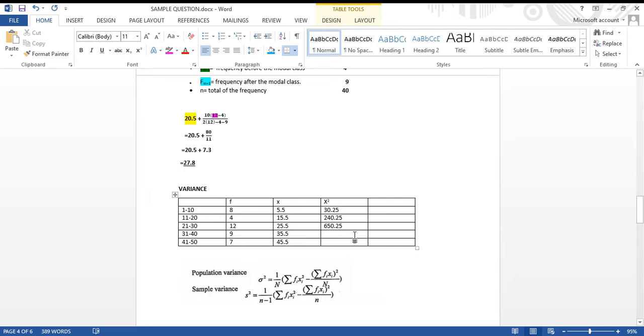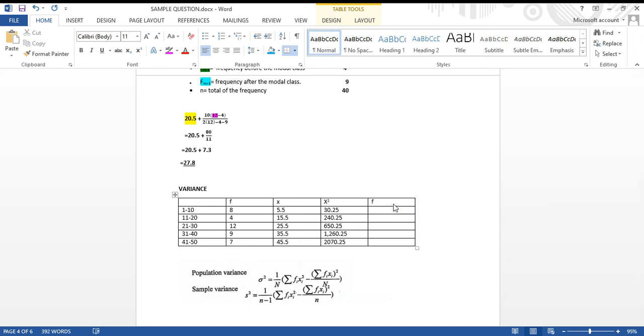Then 35.5 squared is 1260.25. And 45.5 squared is 2070.25.